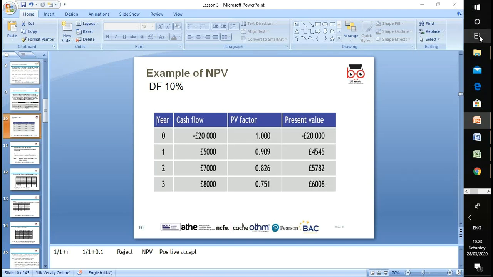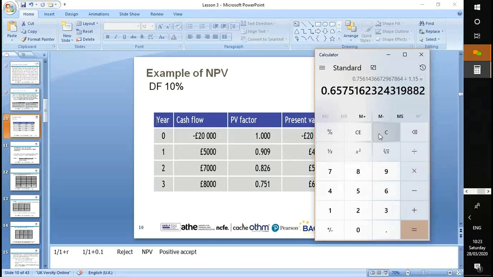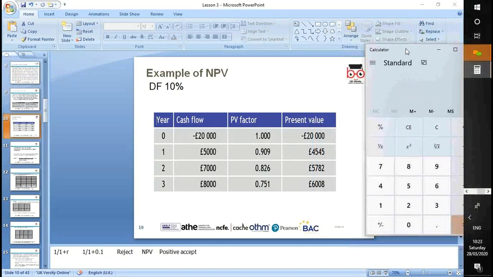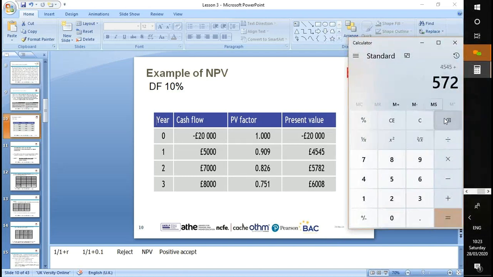So what we need to do now, we need to add the positive values. Okay, let's do it now. So calculate all the positive values. 4,545 plus 5,782 plus 6,008.